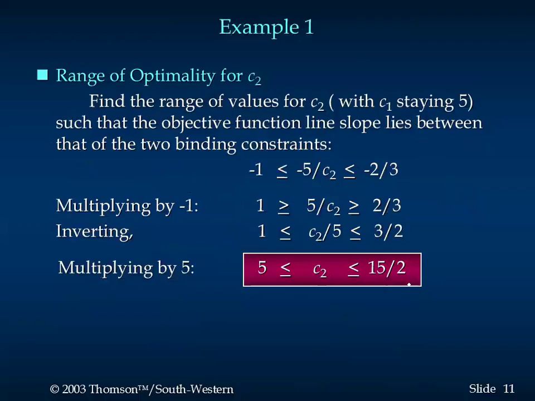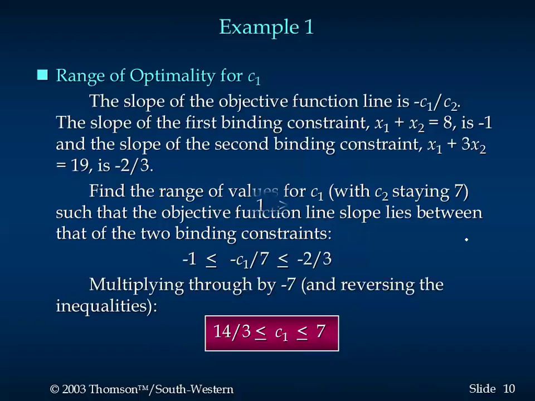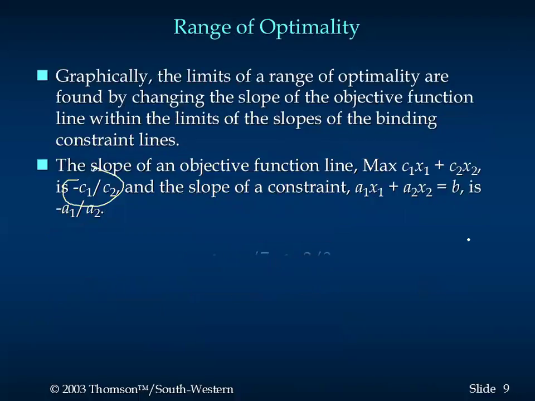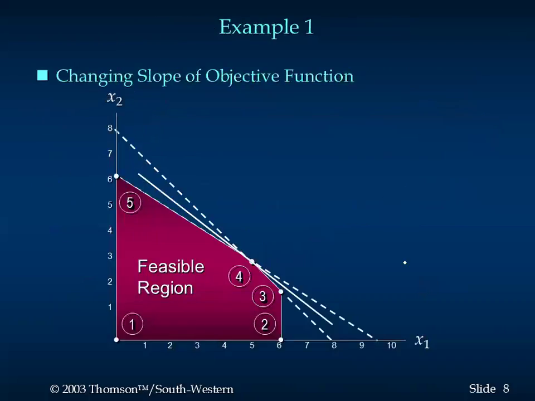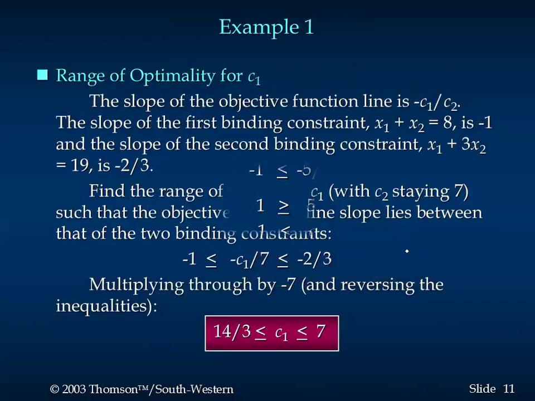So what do these mean? Coefficient range for C1 means, as long as C1 is between 14 by 3 and 7 and C2 remains fixed at 7, our solution remains optimal. Remember, the optimal solution was 5, 3, right? This solution, 5, 3, remains optimal as long as C1 is between 14 by 3 and 7 and C2 is fixed at 7.